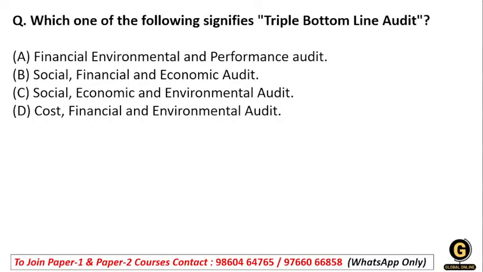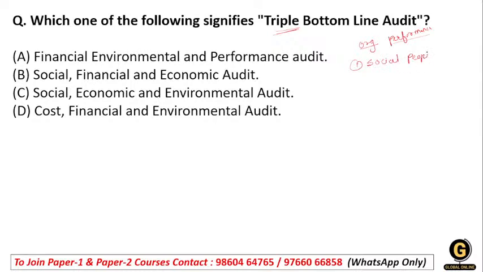So let's understand: the triple bottom line audit is a framework which we use to evaluate an organization's performance. Generally in auditing we use this word to measure the performance of an organization, but there are three key important areas. That's why the word triple bottom is used.